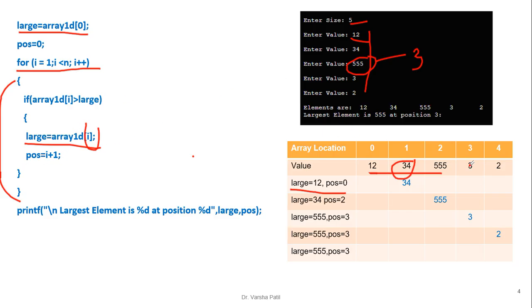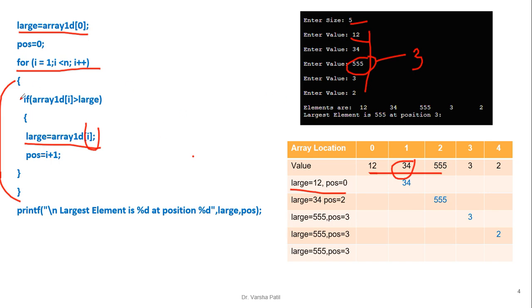The next iteration takes place. Now the large is 34, and the next element that came is 555. We check whether 555 is greater than 34, yes. Then again it goes into the if, it makes large equal to 555 and position 3. The next element comes as 3. Is 3 greater than 555? No, it will never go into the if condition.